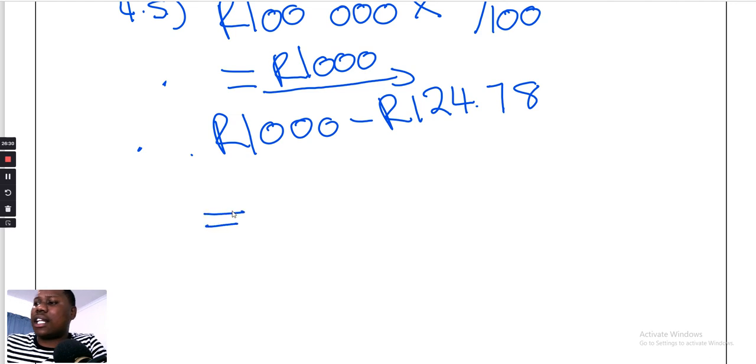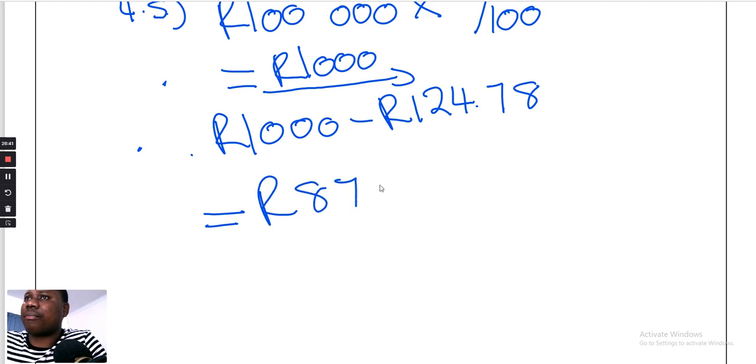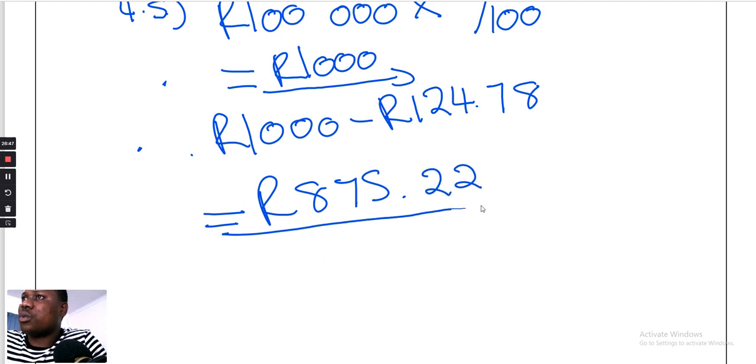So that means the UIF was underpaid by 875.22. This is how much the UIF was underpaid with. Then let's move to the next question. That is our final answer.